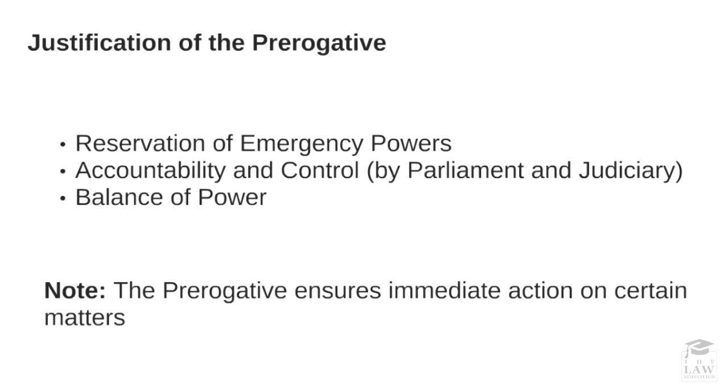There have been many justifications of this, but the primary, most important justification of the prerogatives still being in effect can be considered as it ensuring the immediate action on certain pivotal and emergency matters. For instance, the reservation of emergency powers like entering into war and peace, as well as signing of declarations and treaties, remains with the Crown.